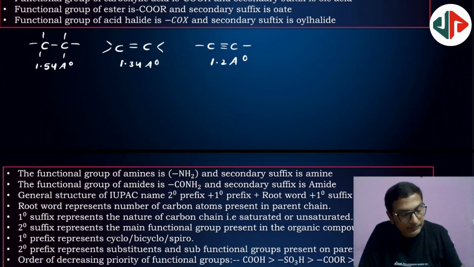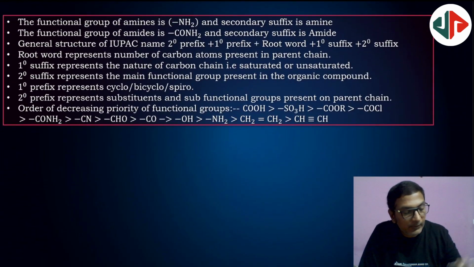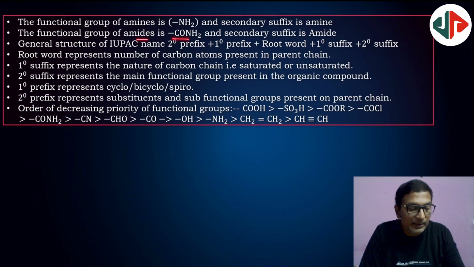Next. So functional group of amines is NH2, secondary suffix is amine. Next, functional group of amide CONH2, secondary suffix is amide. Next, the general structure for an IUPAC name is secondary prefix, primary prefix, root word, primary suffix and secondary suffix.